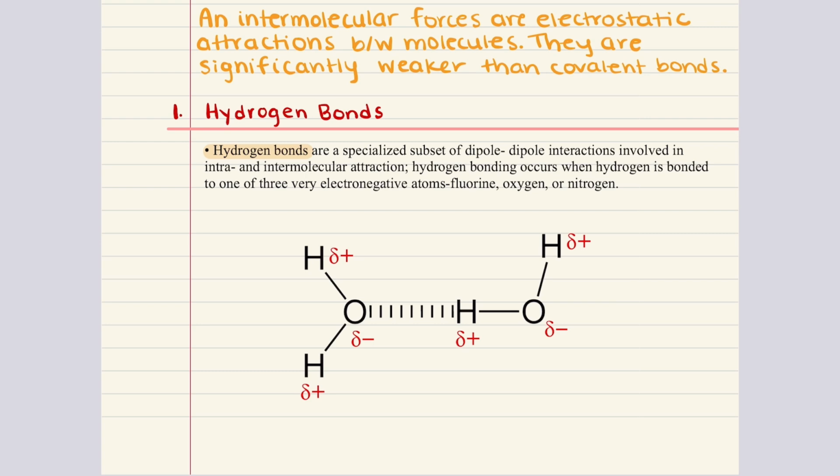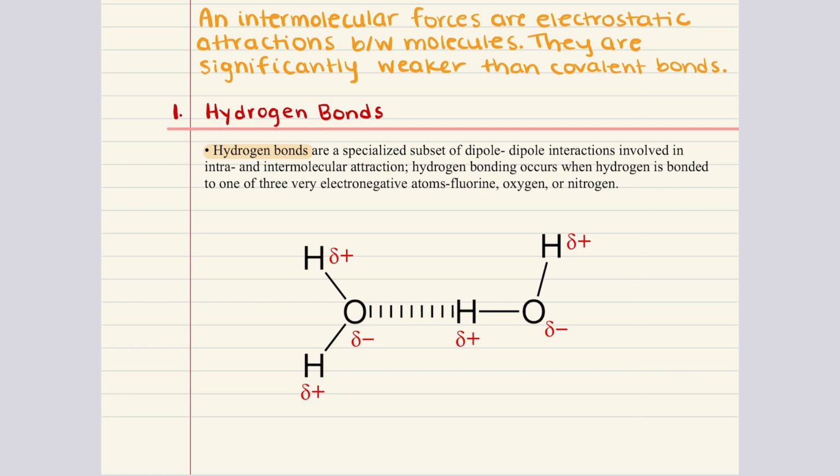The positively charged hydrogen atom will then interact with the partial negative charge on a nearby fluorine, oxygen, or nitrogen atom in adjacent molecules. And this interaction is significantly stronger than regular dipole-dipole interactions, though still only about 10% as strong as a covalent bond. Now, substances exhibiting hydrogen bonding often have unusually high boiling points compared to similar molecular weight compounds that do not form hydrogen bonds. And this is because breaking hydrogen bonds requires more energy.